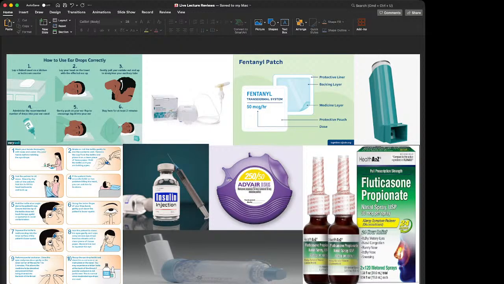So this is just a diagram of some of the common types of devices that patients would use to self-administer medications. One thing to be careful of is that certain patches cannot be cut, so it's definitely important to help patients understand that. Also, when it comes to insulin injections, you can see here also the little puffer, the inhaler, used to puff it.